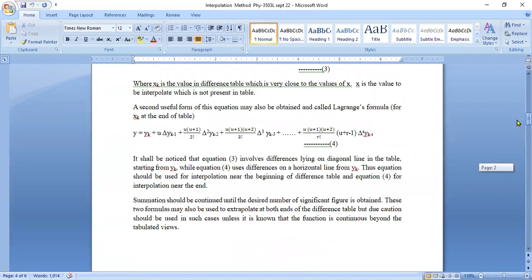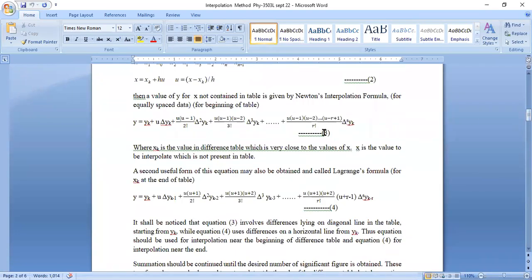You see, I write this as formula number 2. This is del cube yk. Now our formula where k is 1, because x is xk and xk is x1, so k is 1, appears as: y equal to y1 plus u delta y1 plus u into (u minus 1) upon factorial 2 del square y1 plus u(u minus 1)(u minus 2) upon factorial 3 del cube y1.